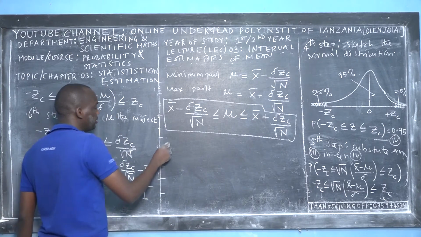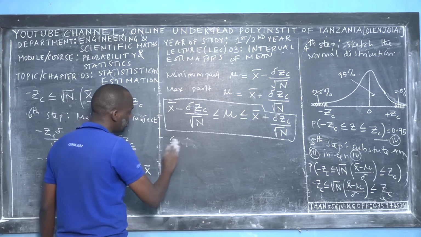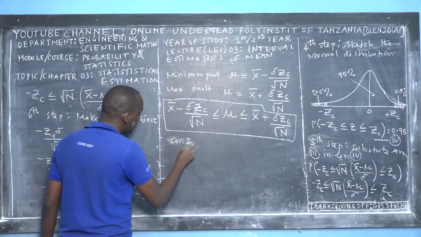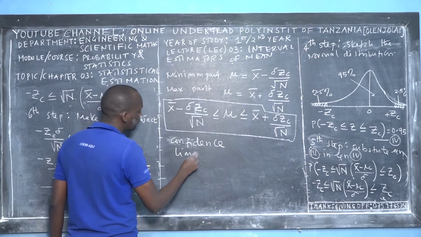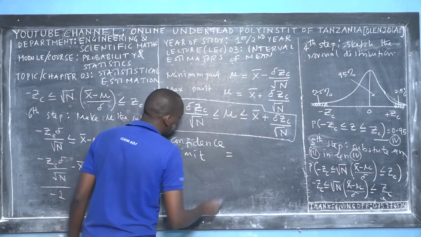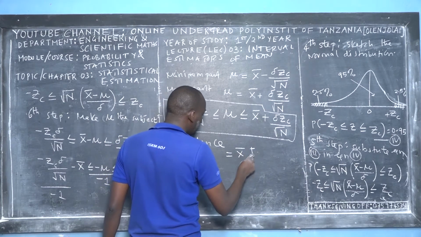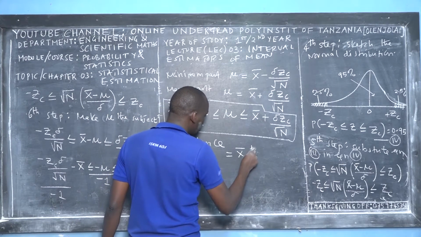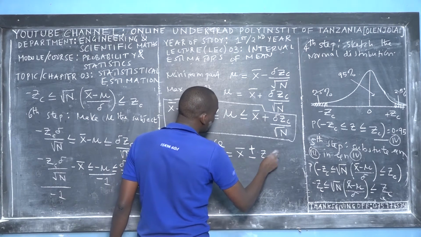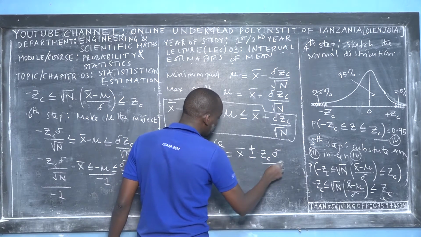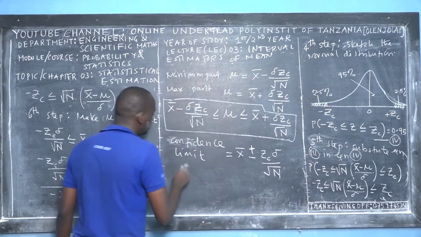We use it in this format, the confidence limit. The confidence limit at a particular confidence level is determined by using the sample mean plus or minus the Z value times the standard deviation over the square root of the sample size.